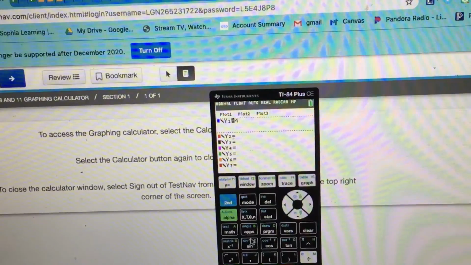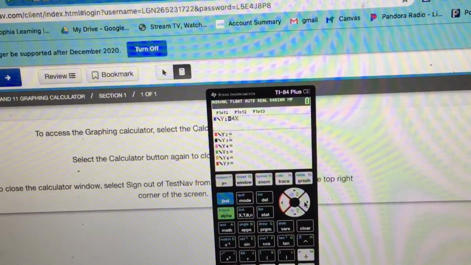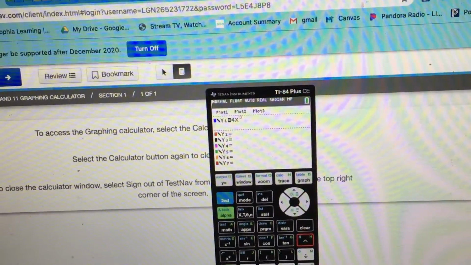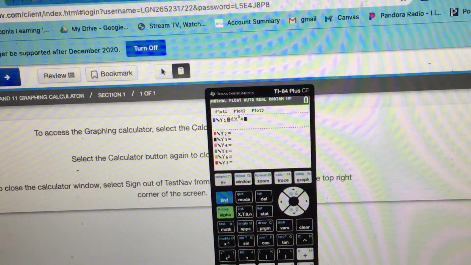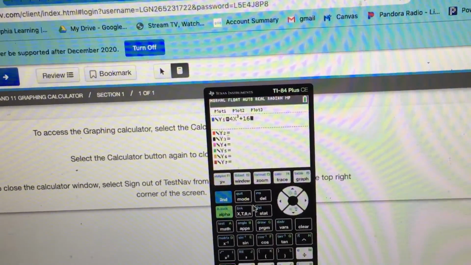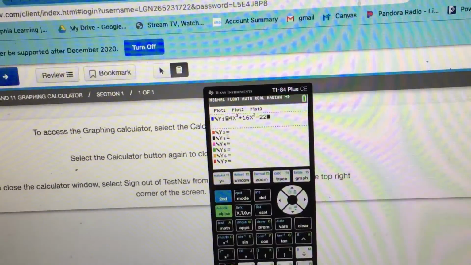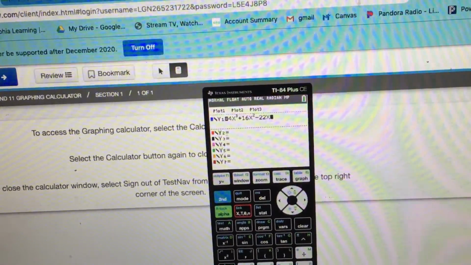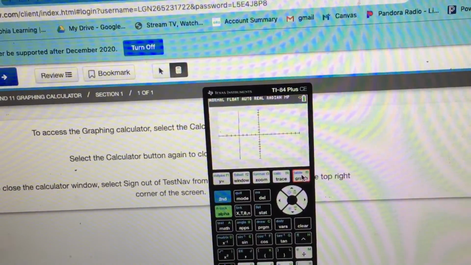So I've got 4x to the third, oops, need to raise that to the third. Right arrow to get the cursor down. Plus 16x squared minus 22x minus 10. All right, let's hit graph and see what we can find.